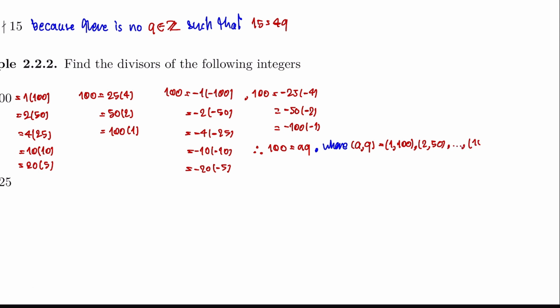The last one is 100 and 1, and minus 1, minus 100, minus 2, minus 50, and the list goes on to minus 100 and minus 1.